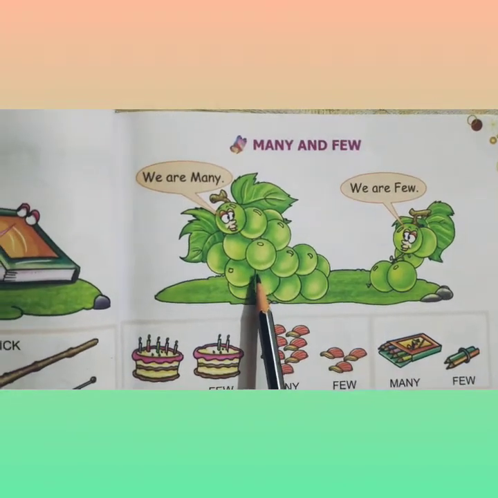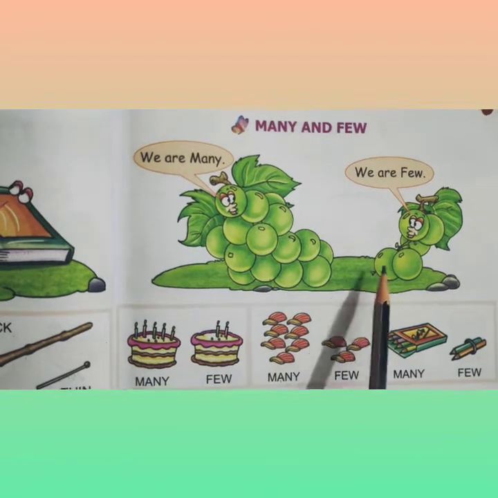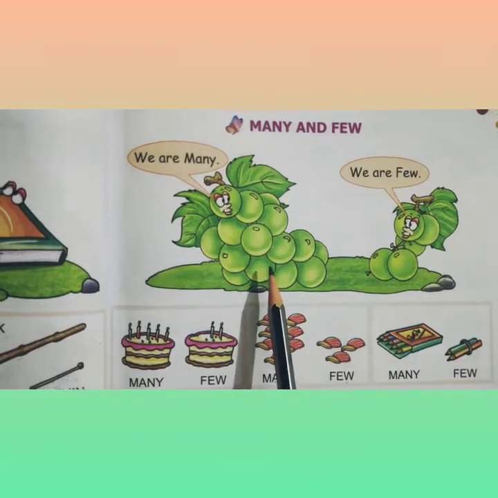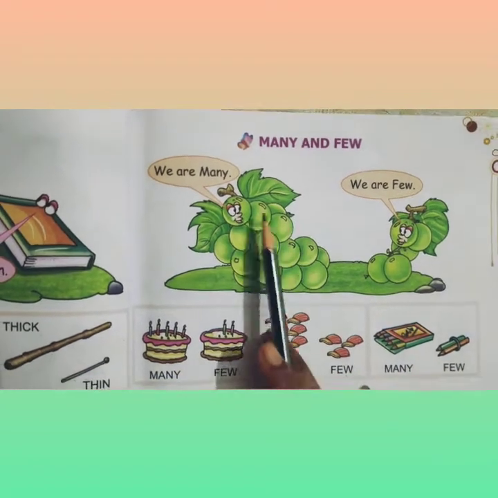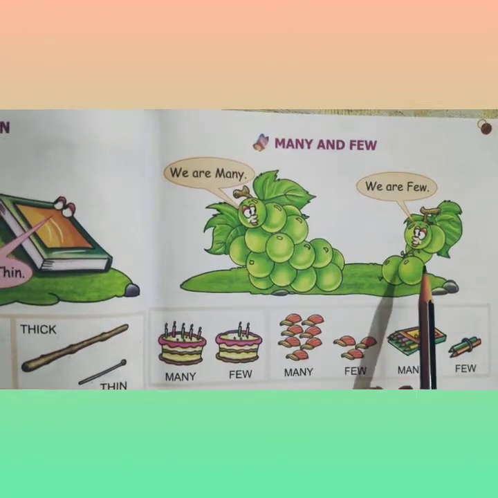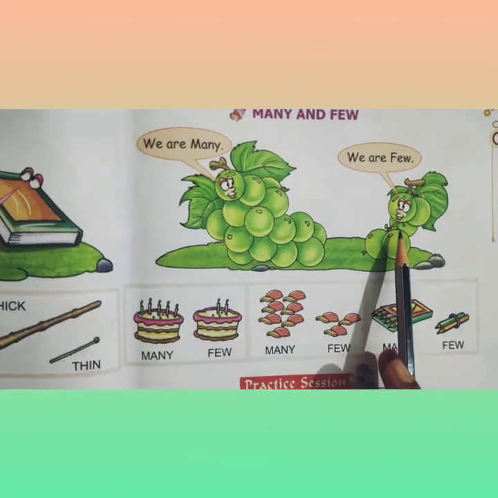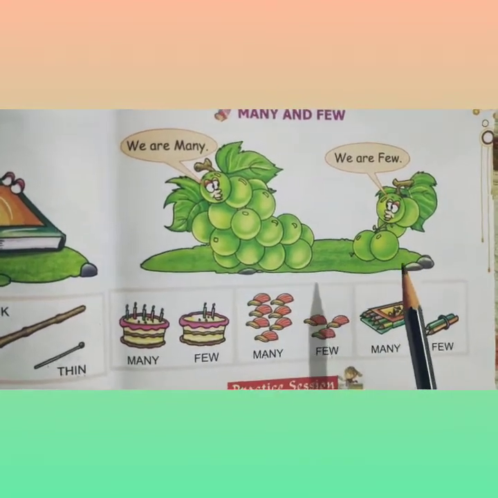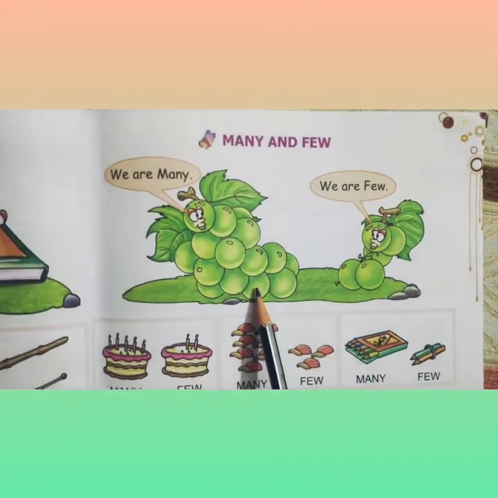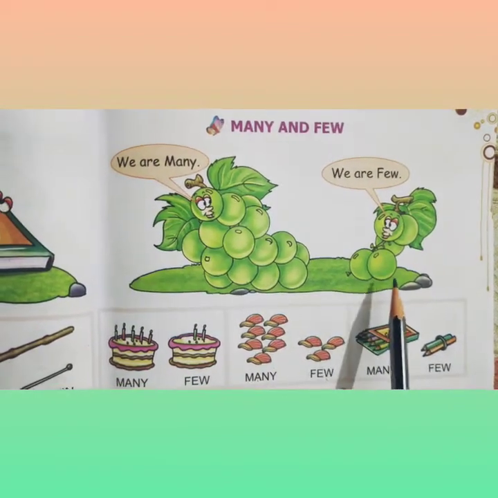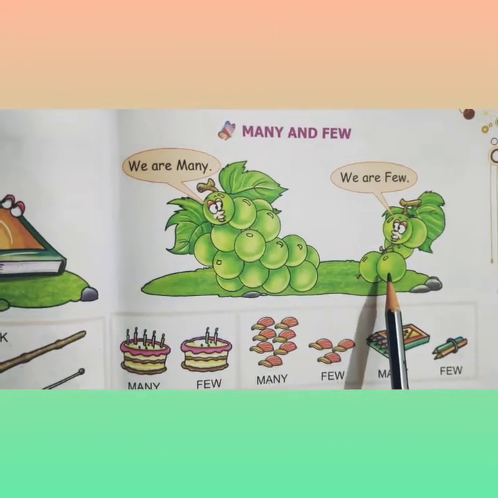You can see two bunches of grapes are given. The first bunch has a large number of grapes, while the second bunch has a small number of grapes. So, we can say the first bunch has many grapes, while the second bunch has few grapes.